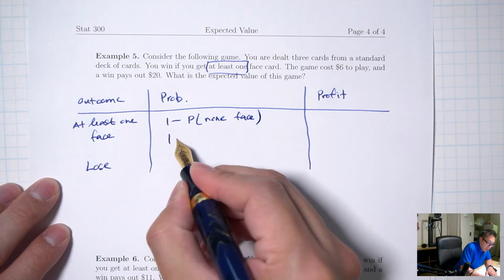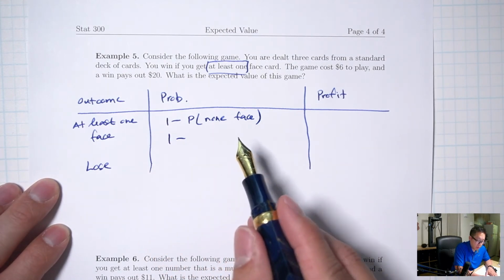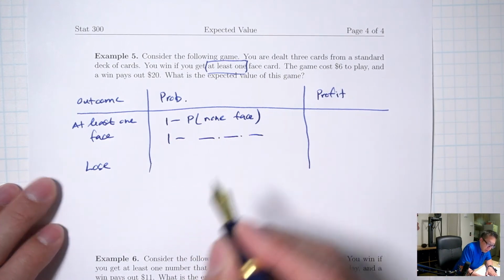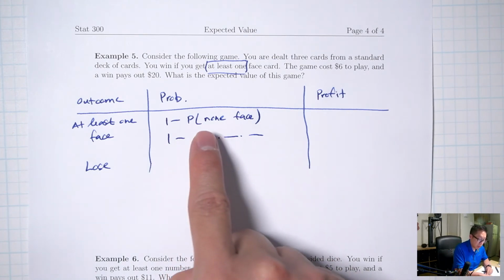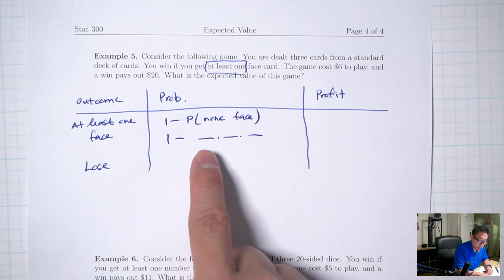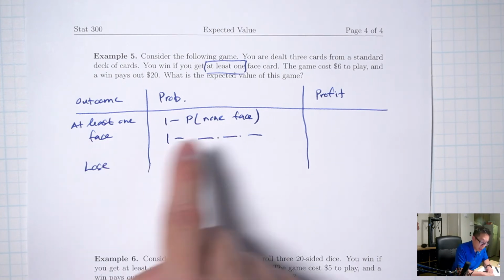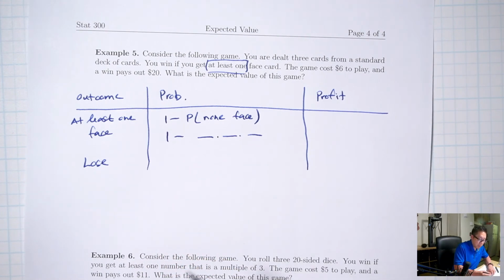All right, so it's going to be 1 minus. How many fractions do I need? How many cards are we talking about here? We're dealing 3 cards, so 3 fractions. And remember, these 3 fractions, I want none of them to be face, which means I want them to be no face, no face, no face. So even though I'm looking for at least one face, because we're talking about complements here, it's no face, no face, no face.